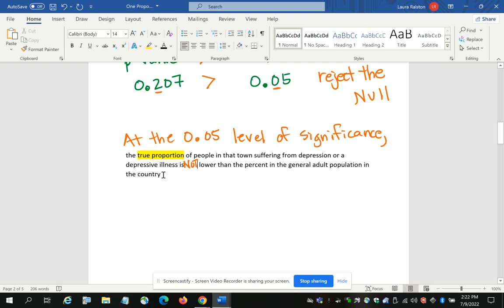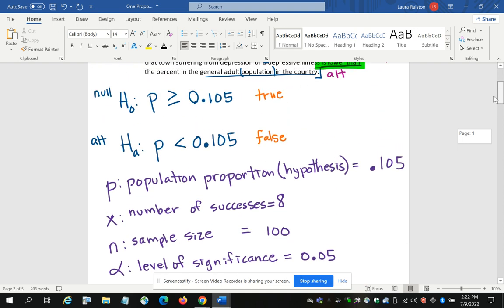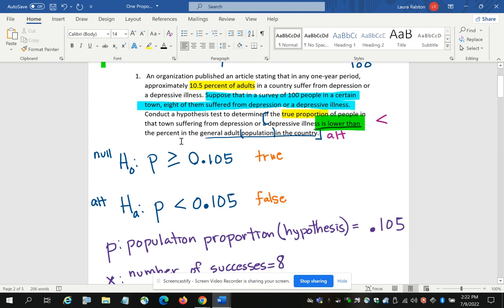Now, there's other ways to say it, okay? But basically what we proved based on our evidence that we have is that our null hypothesis, which says the population proportion is greater than or equal to 0.105, is true based on the evidence we have.